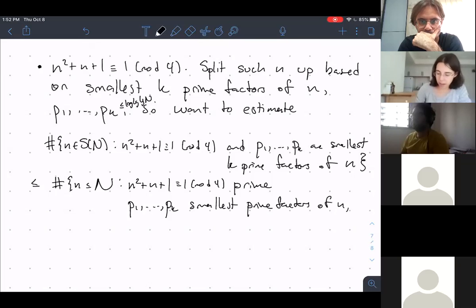And finally, that all of the pi's are quartic residues modulo n squared plus n plus 1.